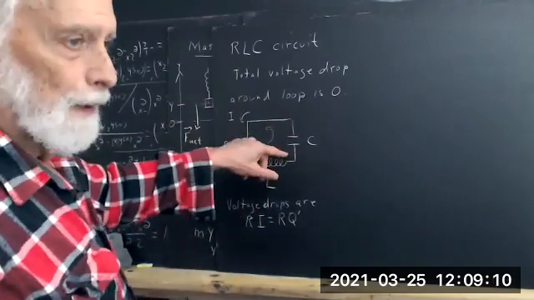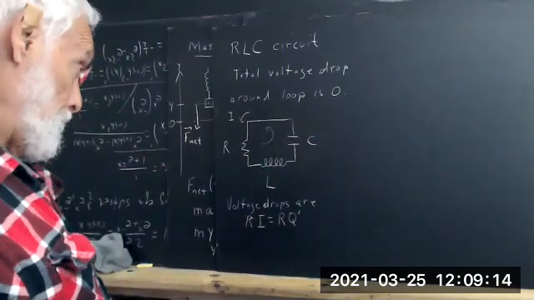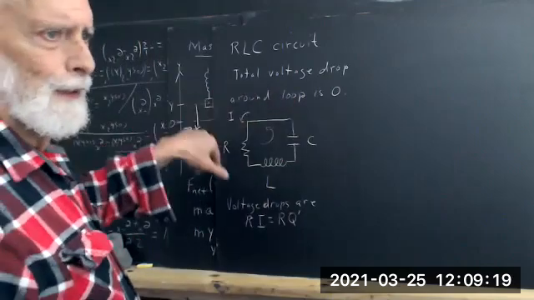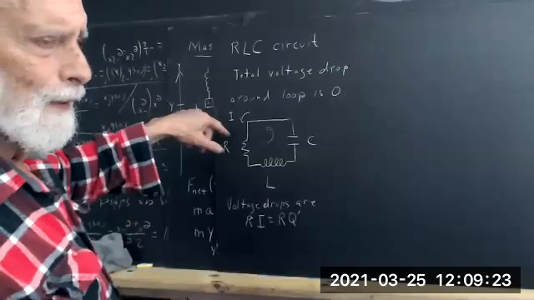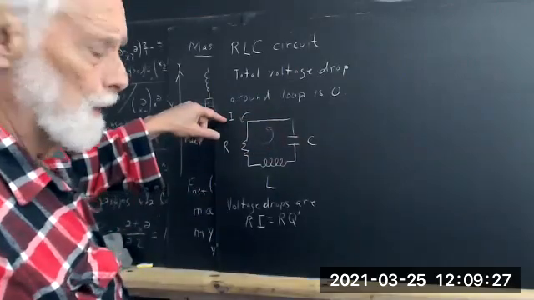Current changes because charge on the capacitor changes. The rate at which charge on the capacitor changes is the rate at which charge flows around this loop, and that's your current.